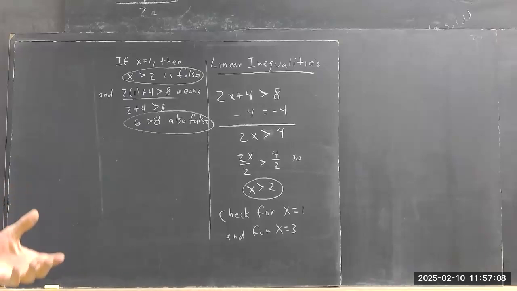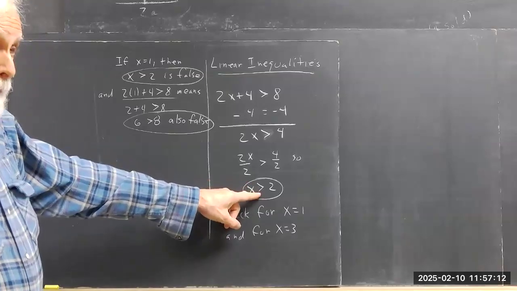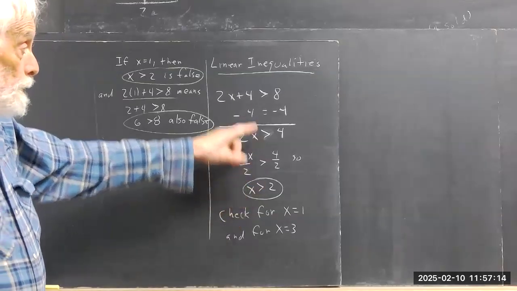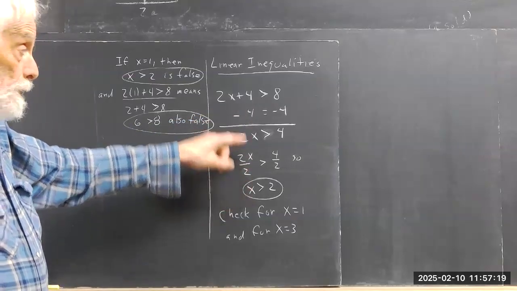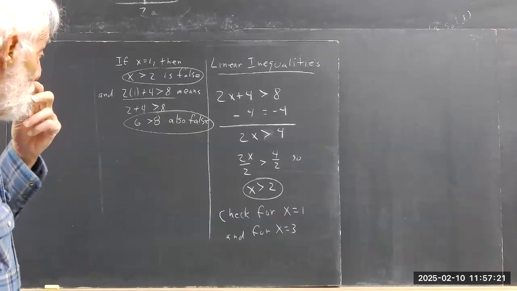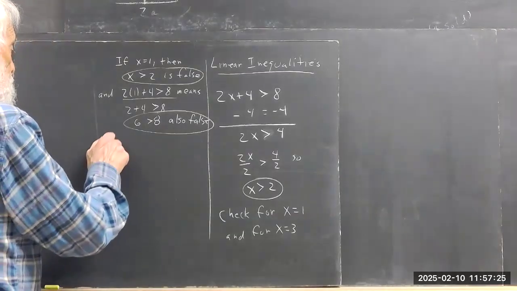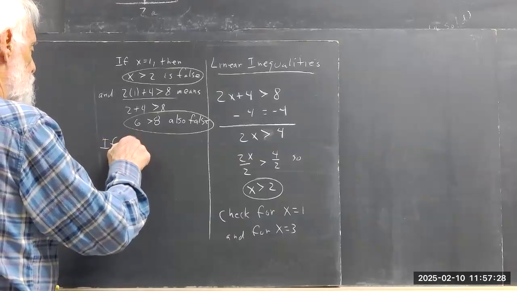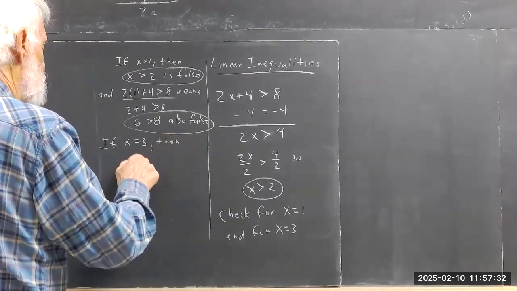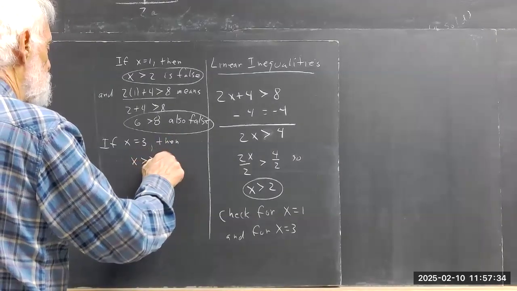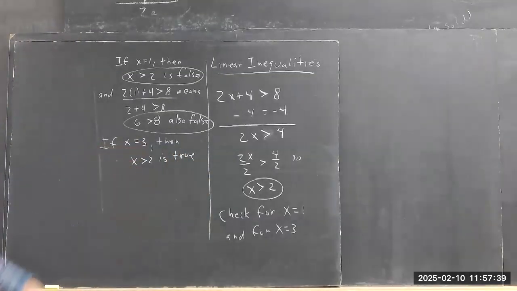Okay. So what I'm trying to tell you is that any value of x that makes this true should make this one true. Any value of x that makes this one false should make this one false. Okay, so now if x equals 3, then x greater than 2 is true, as 3 is certainly greater than 2.